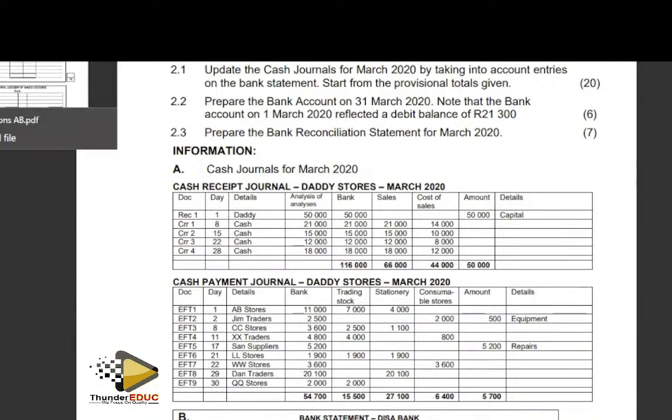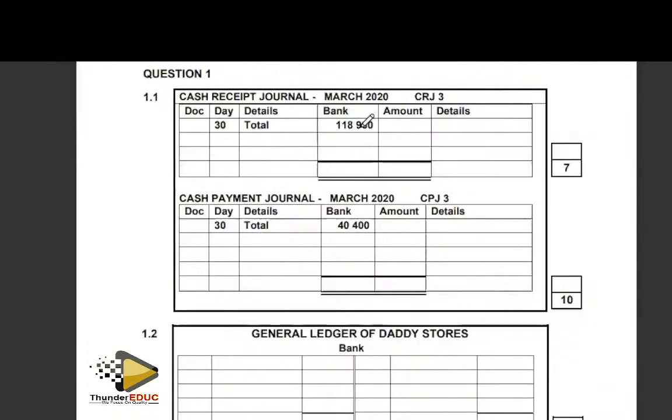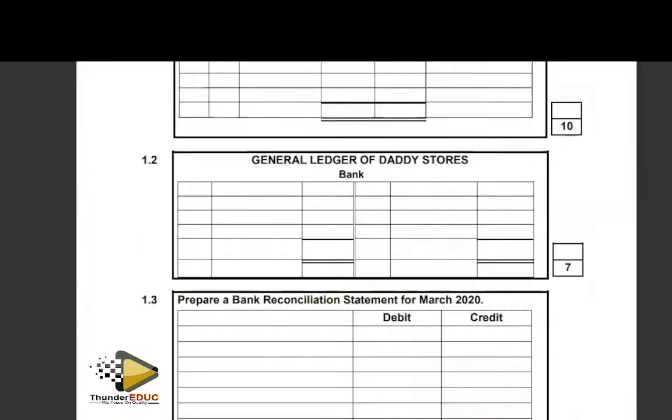This is 116,000, so let me change it here. It was a typing error. This is supposed to be 116,000. Then the cash payments journal, the total is supposed to be not 40,000. Just a moment.